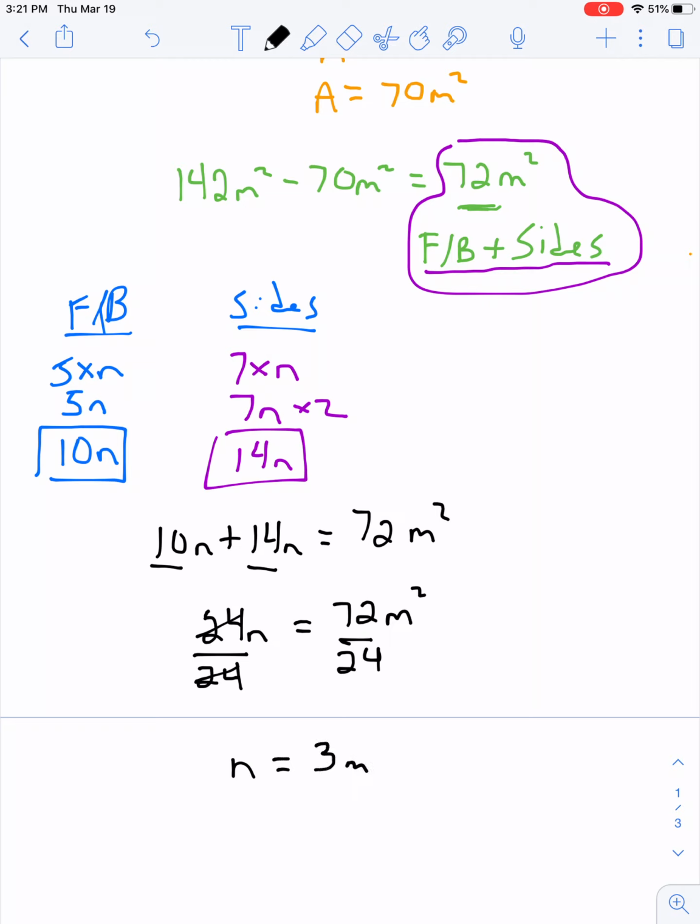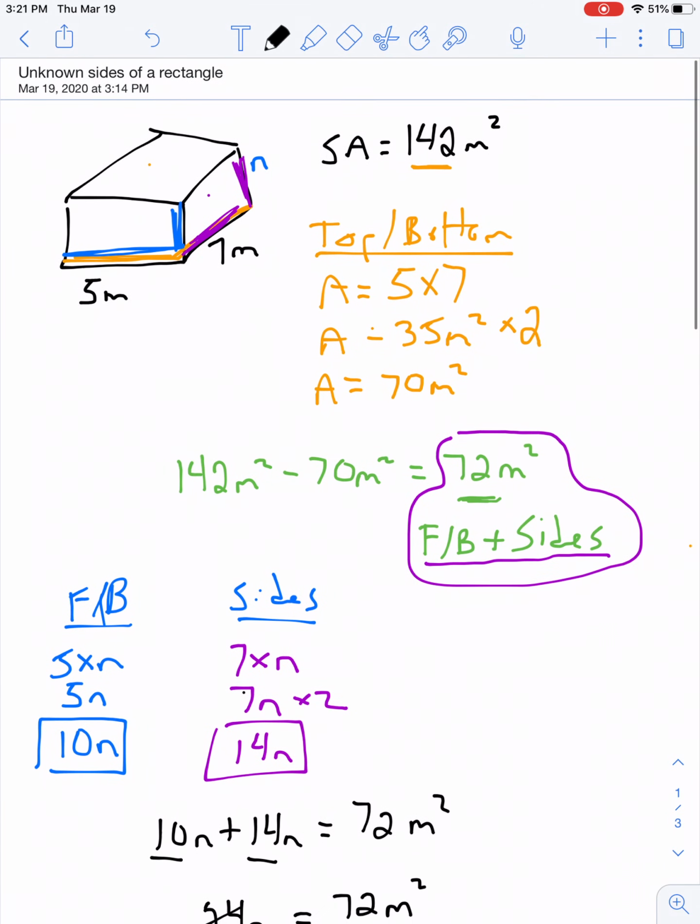We lose the meters squared because theoretically the values of 7 and 5 up here are actually meter measurements, so this would be 10 meters times n meters to get an area. So I end up getting a solution, and now if I go back up to my shape, this is actually not an n anymore. I solved it to be 3.